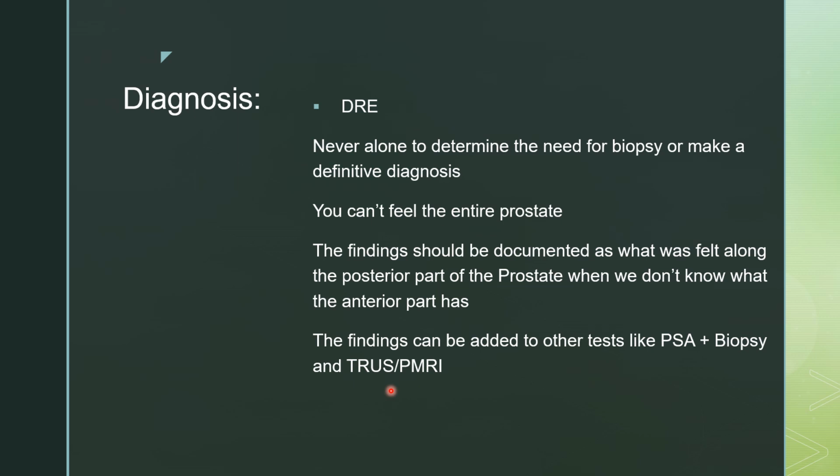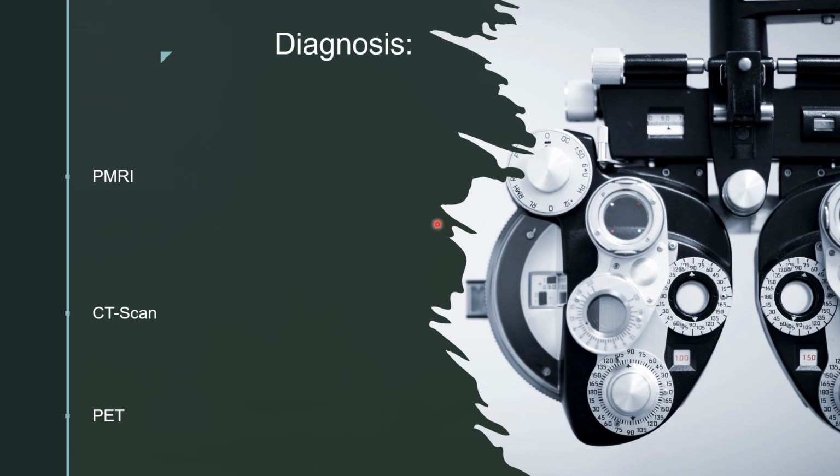Then we'll make a definitive diagnosis. So DRE is just a component, never alone. So if you've been to a doctor and the doctor says, okay, be in a recumbent position, DRE is done on you, and he removes his glove and he says, I'm sorry, you have prostate cancer. I don't know what to say. So I don't think anybody will do that. Okay, we are moving.